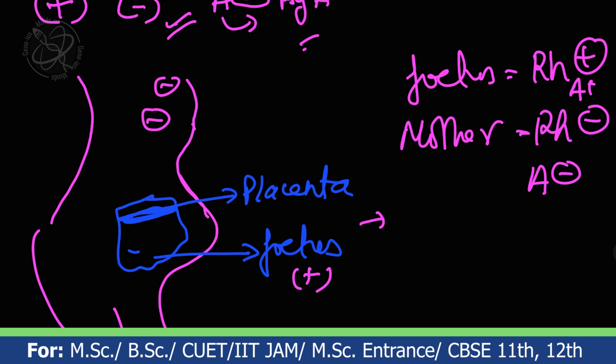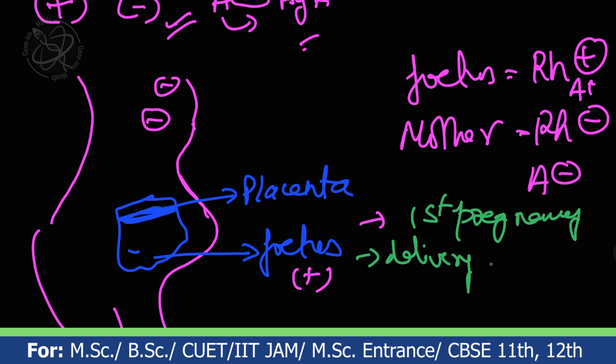During the delivery of this fetus, there is no harm or very little harm seen to the mother's body because the placenta is acting like a barrier. So there is no way for the intermixing of the blood cells to happen before the delivery.